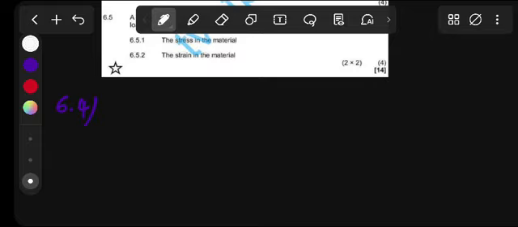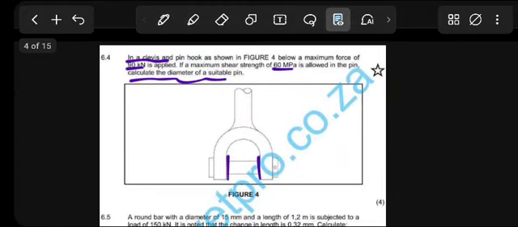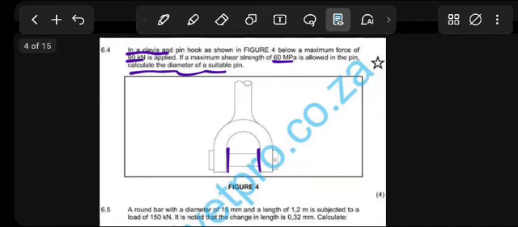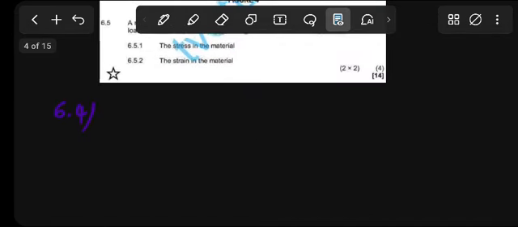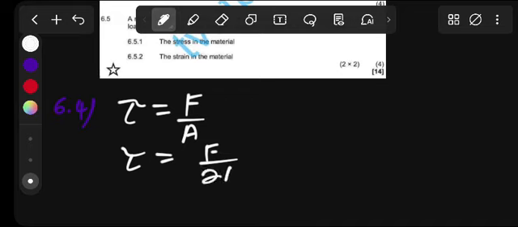All right, 6.4. We want to calculate the diameter given the force and the shear stress. By the way, shear stress is equal to force divided by the area. Now remember, we double the area, so we'll have force divided by 2A.